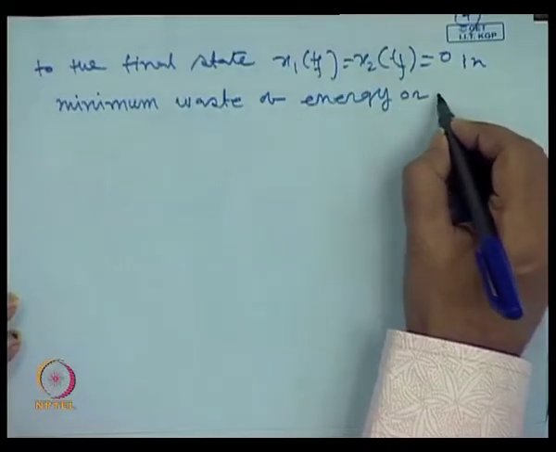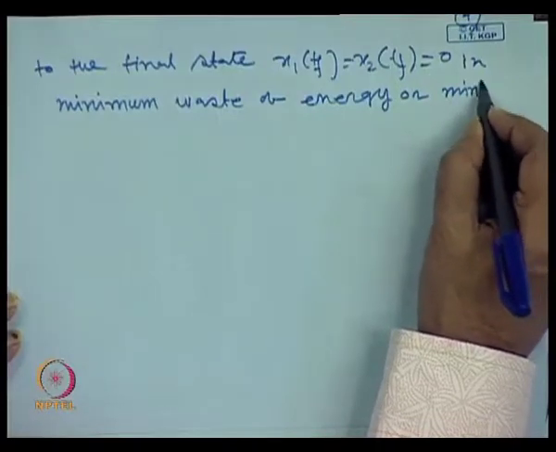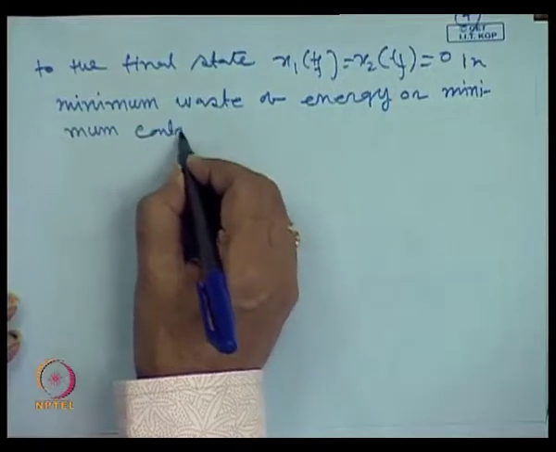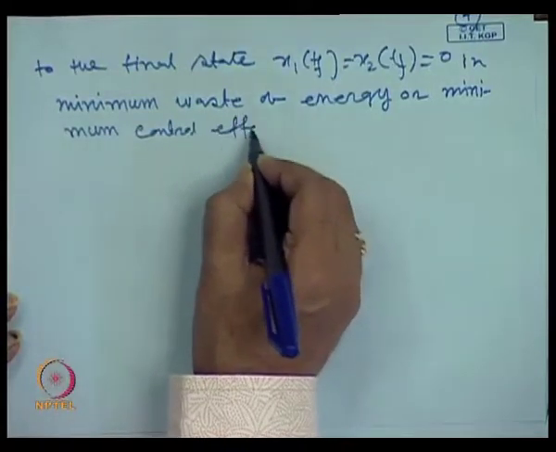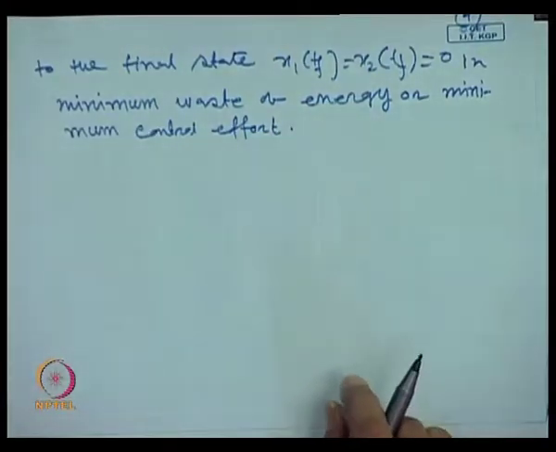or minimum control effort. What is the minimum control effort? Suppose you have a resistance. If current is flowing through the resistance, the energy involved is I square R into T, and in our case R is 1.